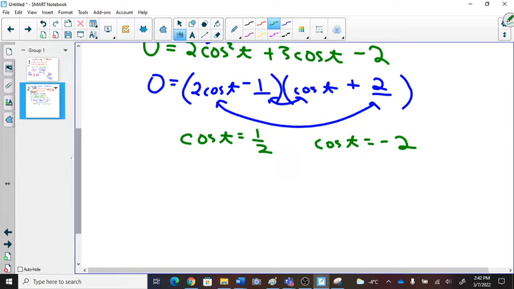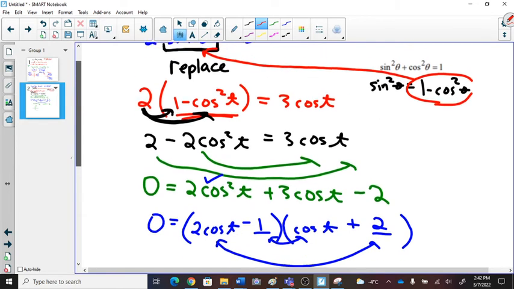Okay, now I ask myself, do I go to my unit circle or my calculator? So on this one, I can just do this on my unit circle, and I think we just had this one, right? So I'm looking for this spot and this spot.